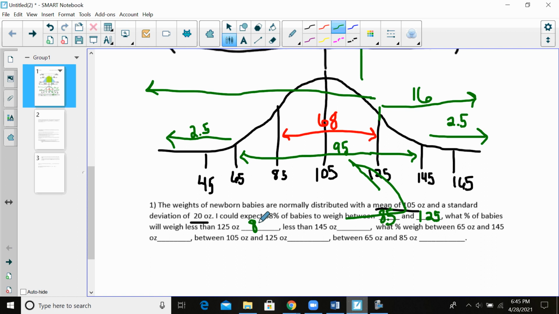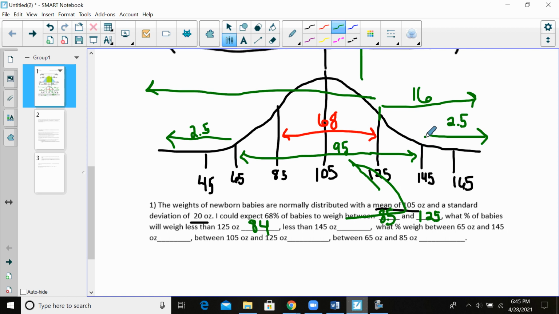And less than 145 ounces, right? That's practically everyone, because this is 2 standard deviations above.